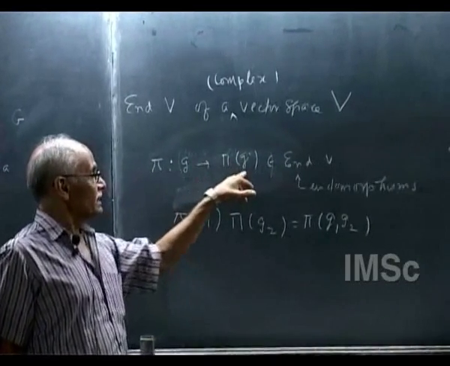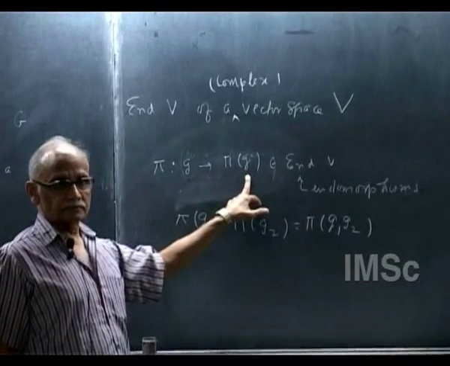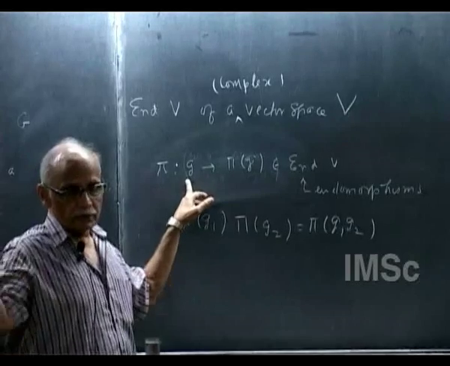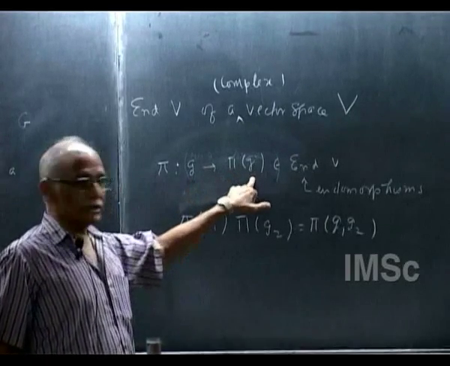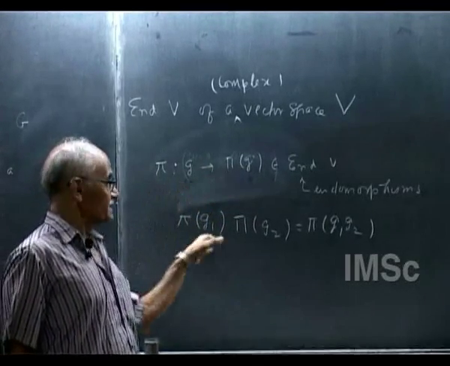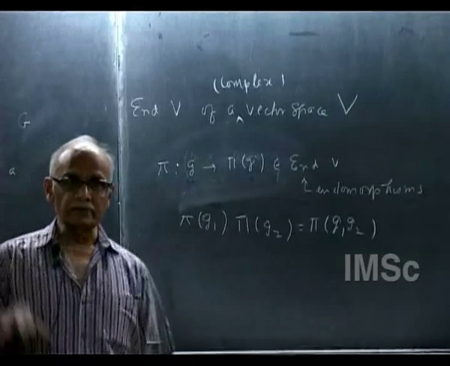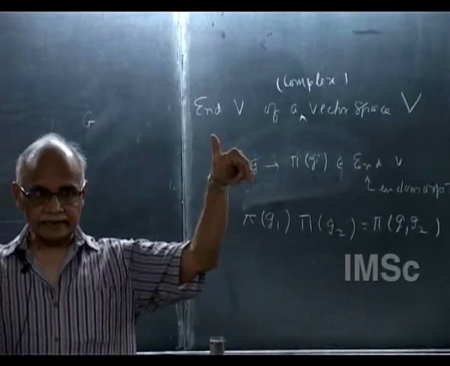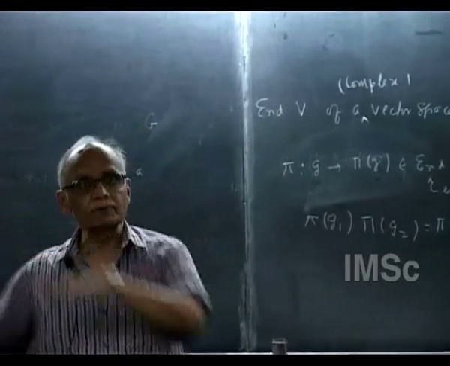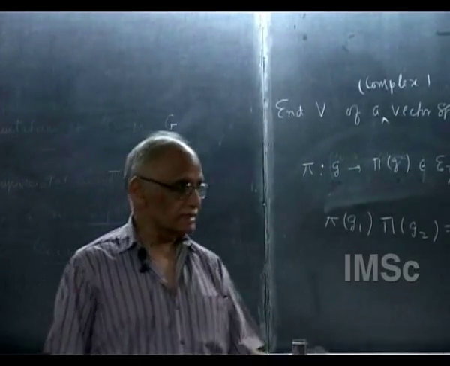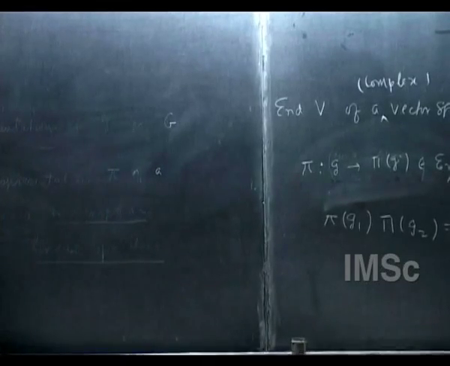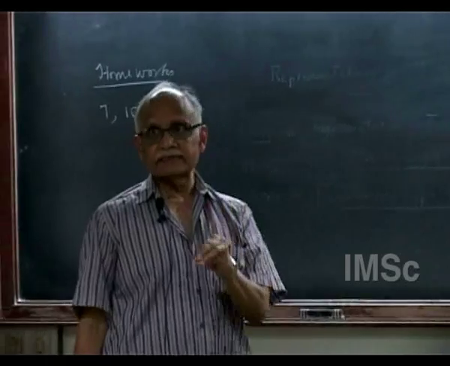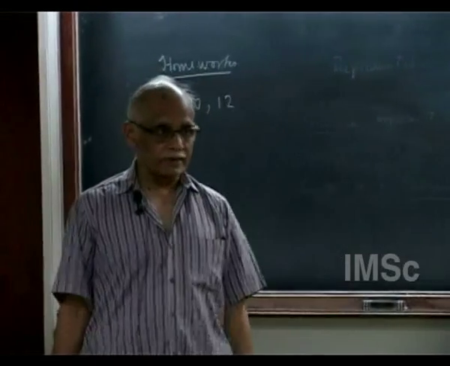This is some linear operator acting on your wave functions, but this mapping from transformations into linear operators has to preserve this equation. It has to be a homomorphism so that if you do two rotations in space and represent them on my wave functions, they compose in the same way. So you necessarily get representations of symmetry groups on your quantum wave functions. We have to understand representation theory very well to be able to do any meaningful quantum theory.